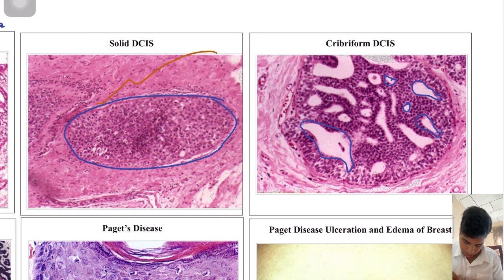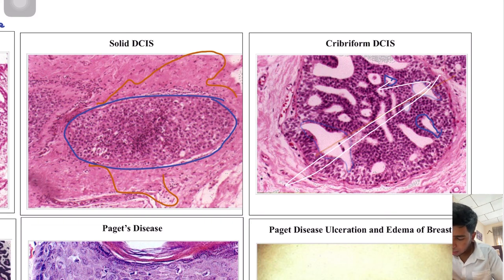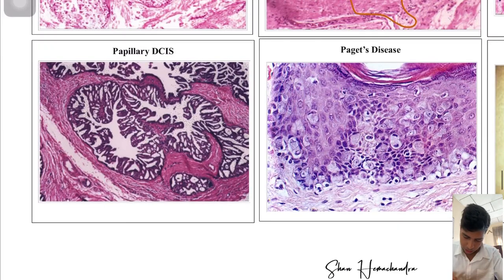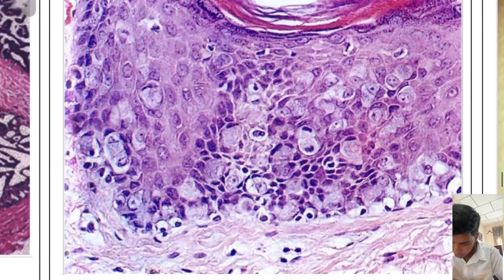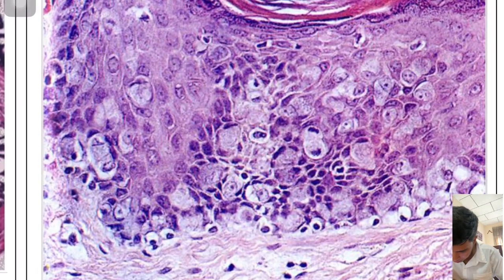You cannot see it has spread inside. Okay, cribriform, I talked about it. Basically, you get gaps between the carcinoma cells. And papillary ductal carcinoma, self-explanatory.